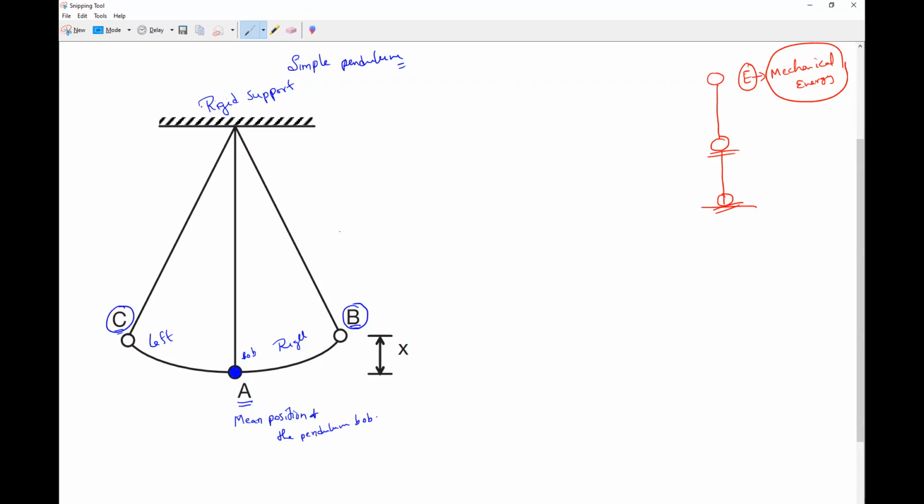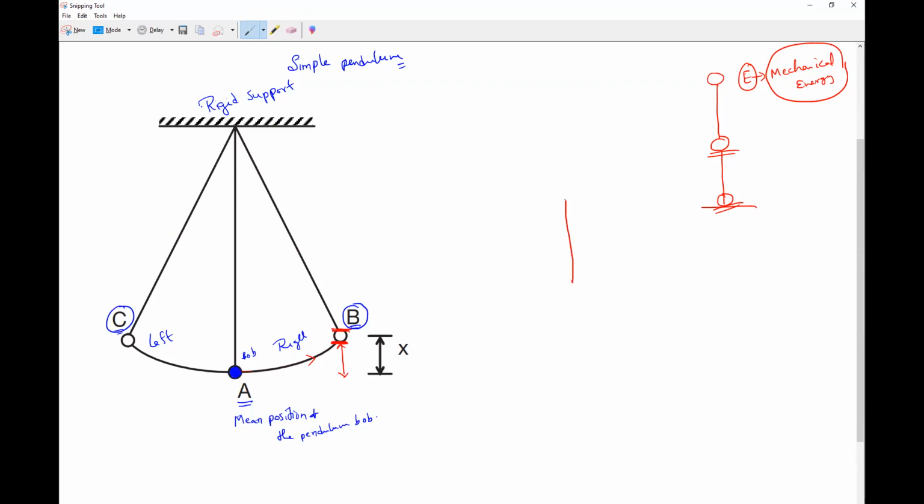Now, if you notice, at the extreme position it has only potential energy, and the velocity of the bob is zero. As the bob keeps on moving in this direction, it reaches the maximum height.